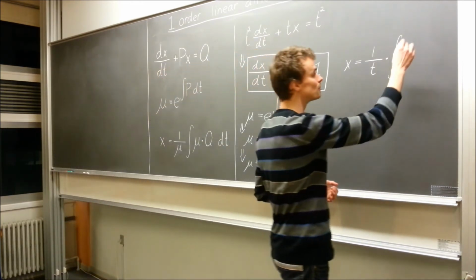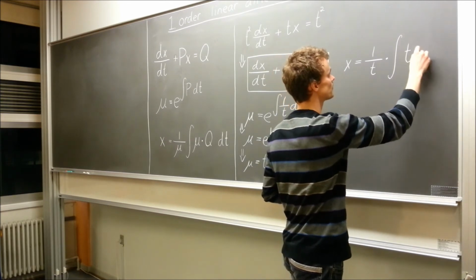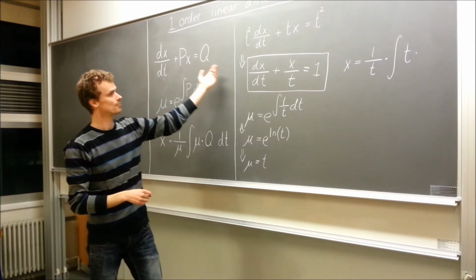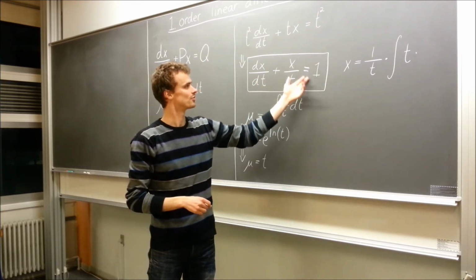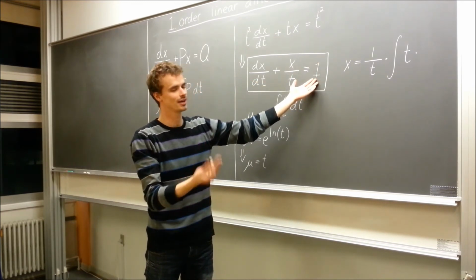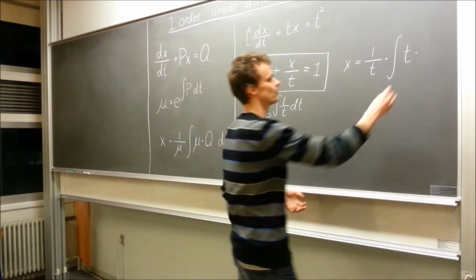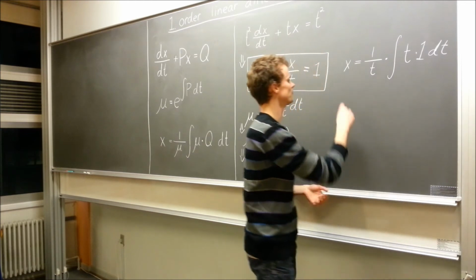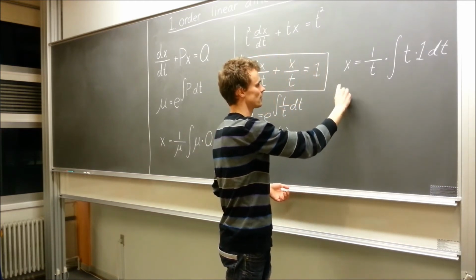So again, mu was t times q, and q is this. So q is the thing on the right side of the equation. So 1 dt, and we calculate.